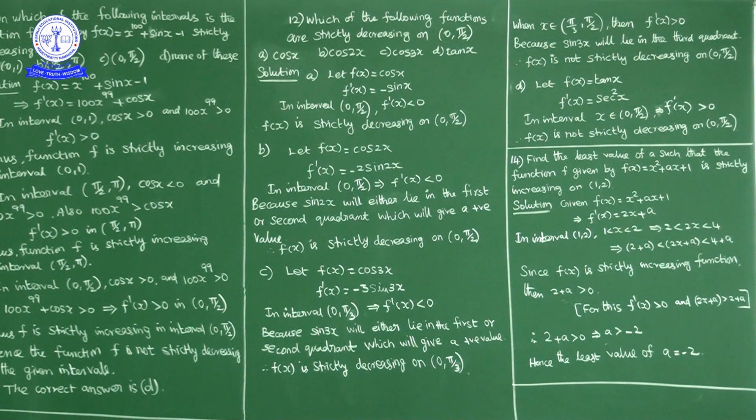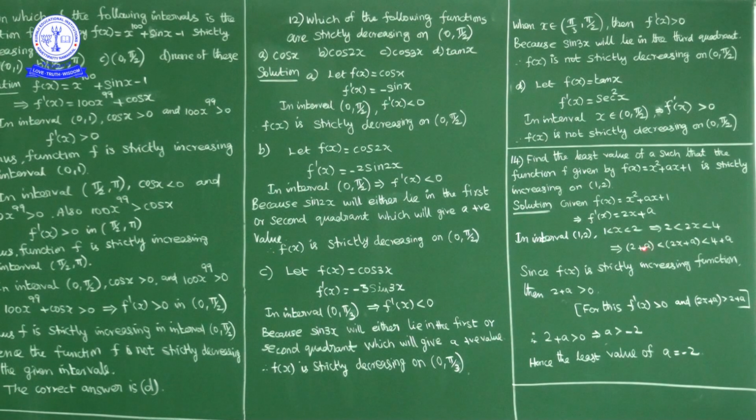What is the question? Find the least value of a such that the function is strictly increasing. Since f of x is strictly increasing, what should we have? f dash of x has to be greater than 0, which means 2x plus a has to be greater than 0.